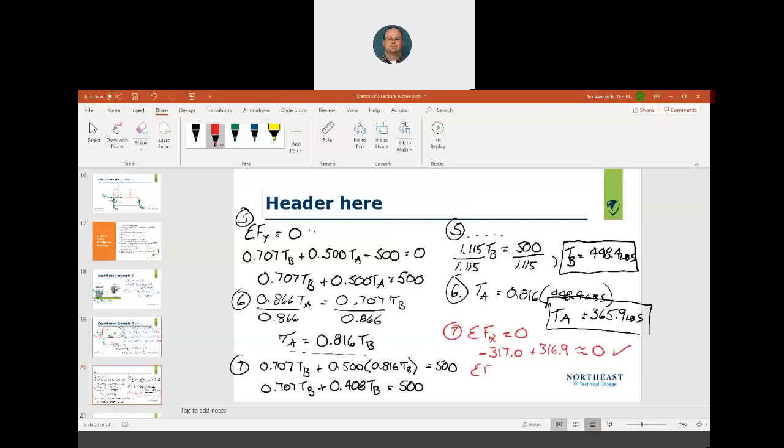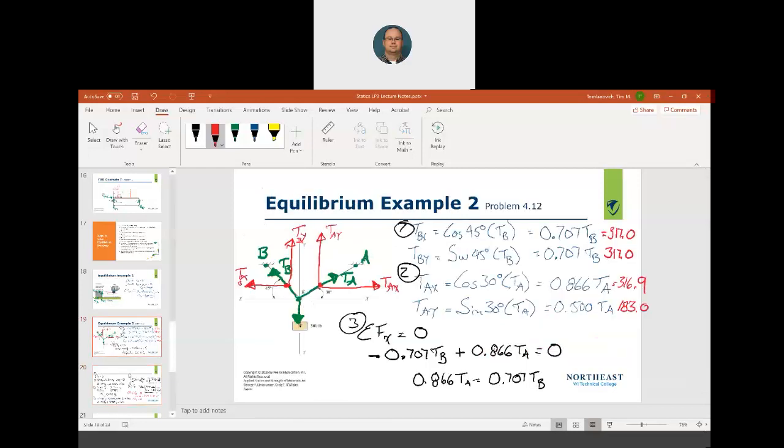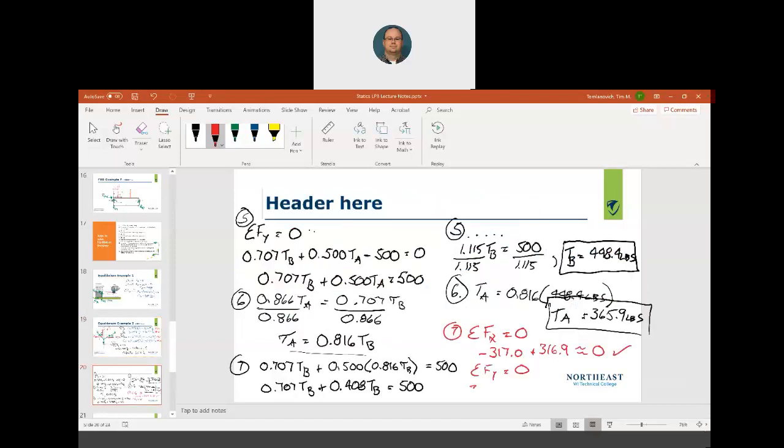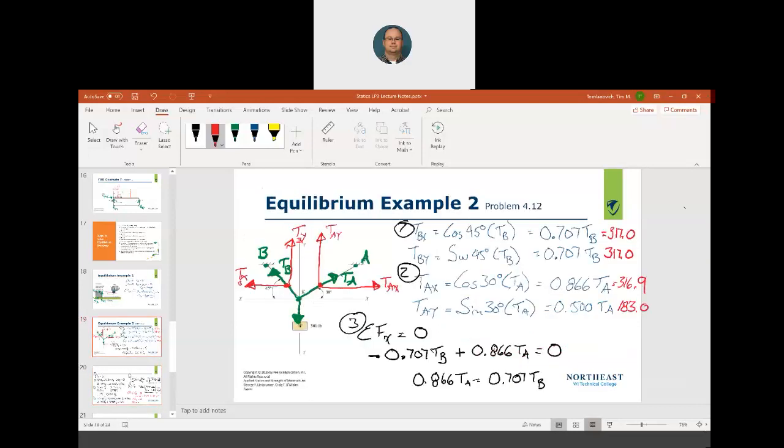Sum of the forces in the Y direction has to equal 0. Okay, so I have TBY. TBY is 317.0. It's pointing up. Plus TAY. TAY is 183.0.